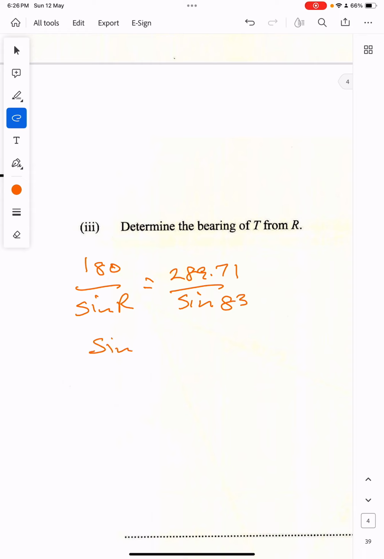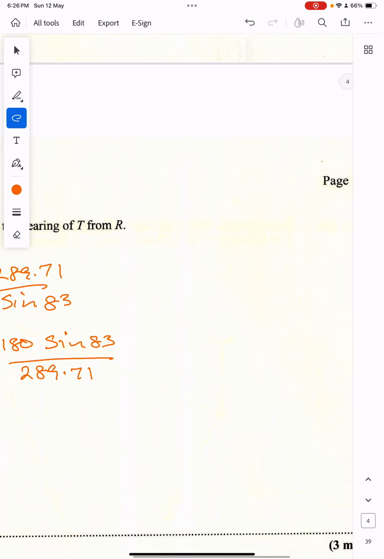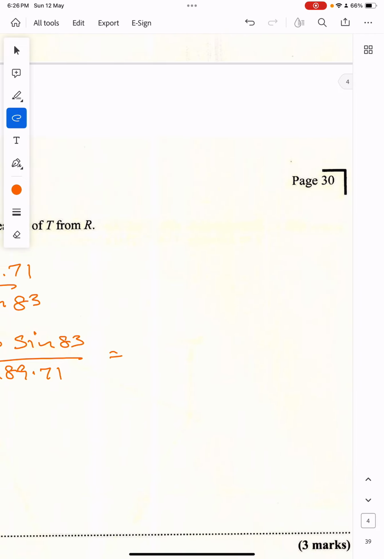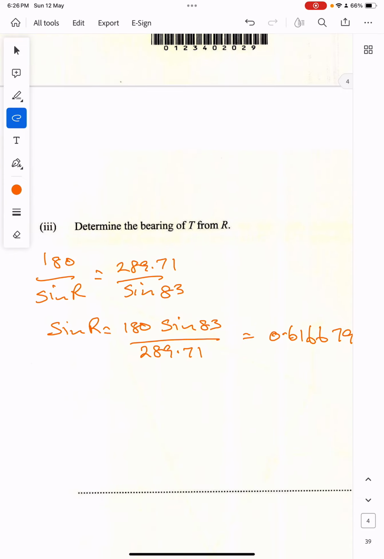So sine R would end up being 180 sine of 83 over 289.71, and this works out to be 0.61667981. But we want to get the angle at R, so we're going to get sine inverse of that figure.